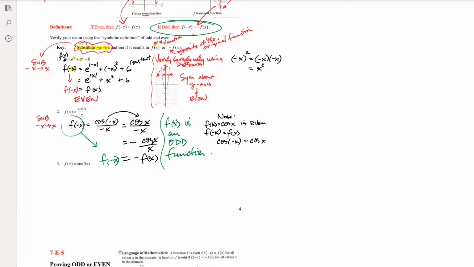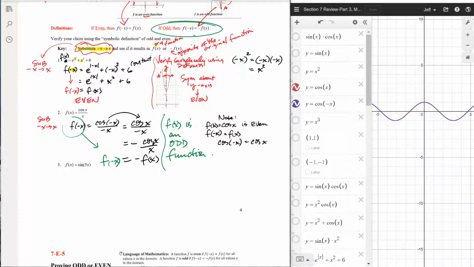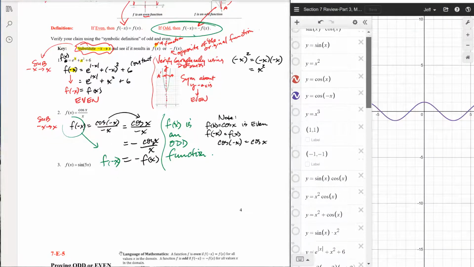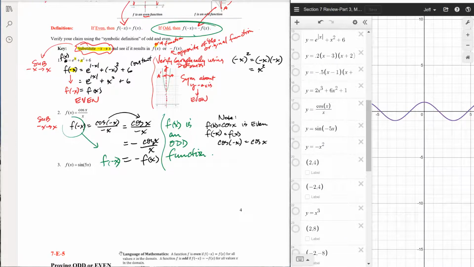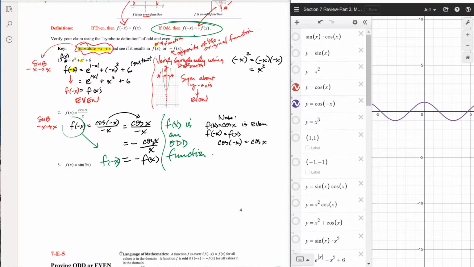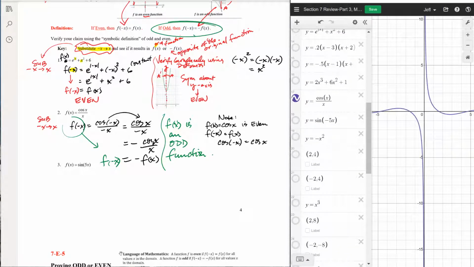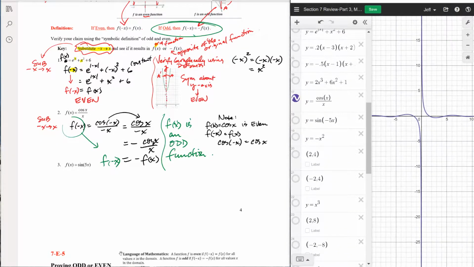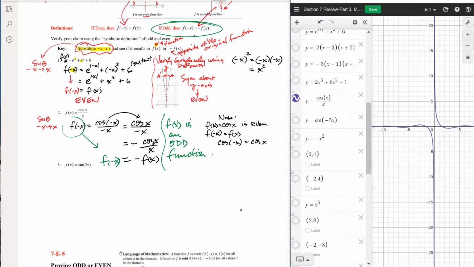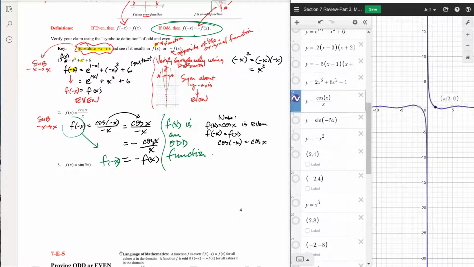Now, if you want to see it graphically, well, you type it in. So let's see if I typed it in already. Here we go. You've got to turn off the previous functions, and then turn on the new one here, cosine x over x. And notice right here that it has 180 degree rotation about the origin.